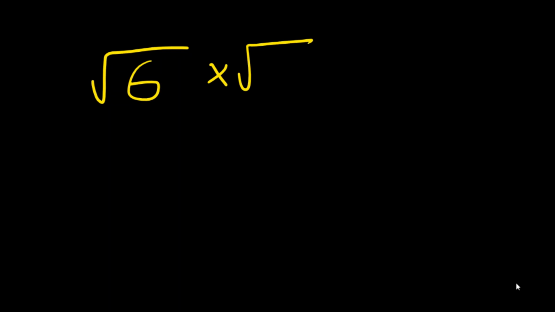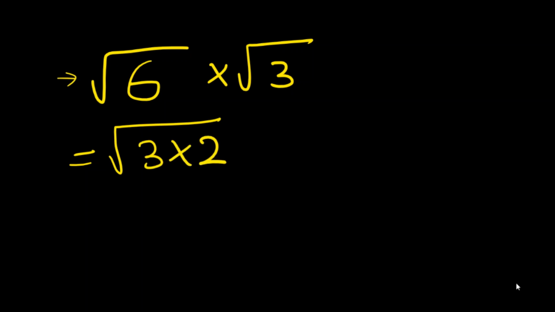So anyways, let's say we have the root of 6 multiplied by the root of 3, and you want to simplify that. What you can do is expand this: 6 is 3 times 2, multiplied by the root of 3.